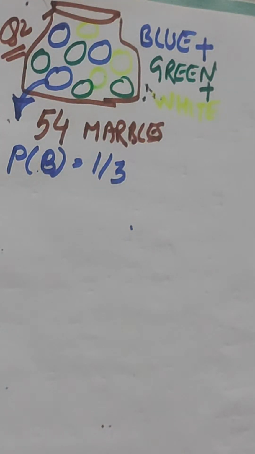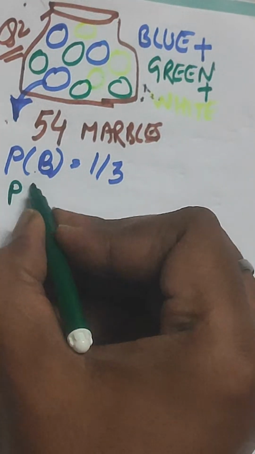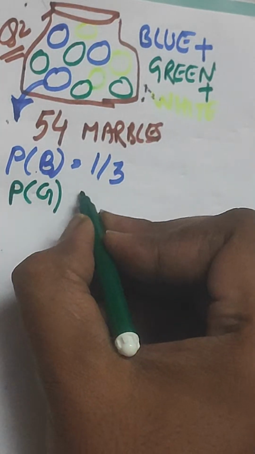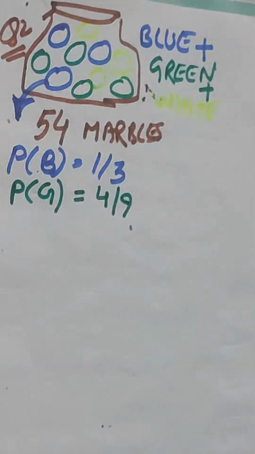Then the probability of selecting a green marble at random is 4 by 9, and that is also given.